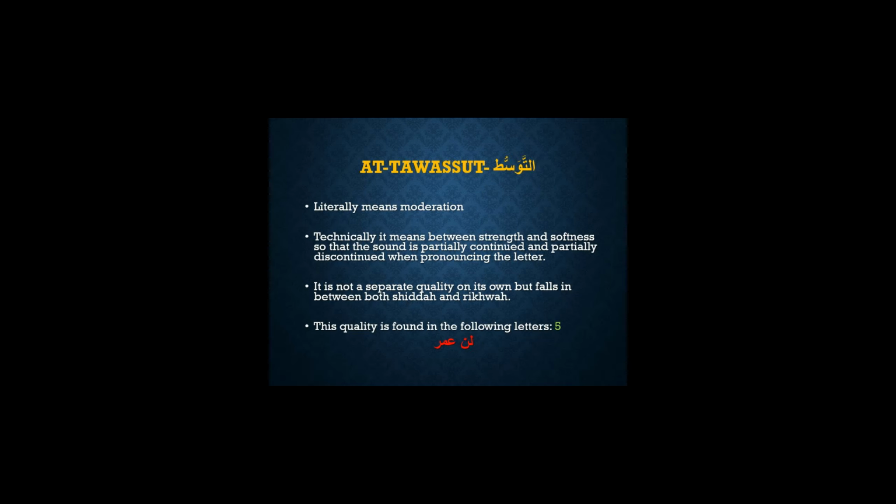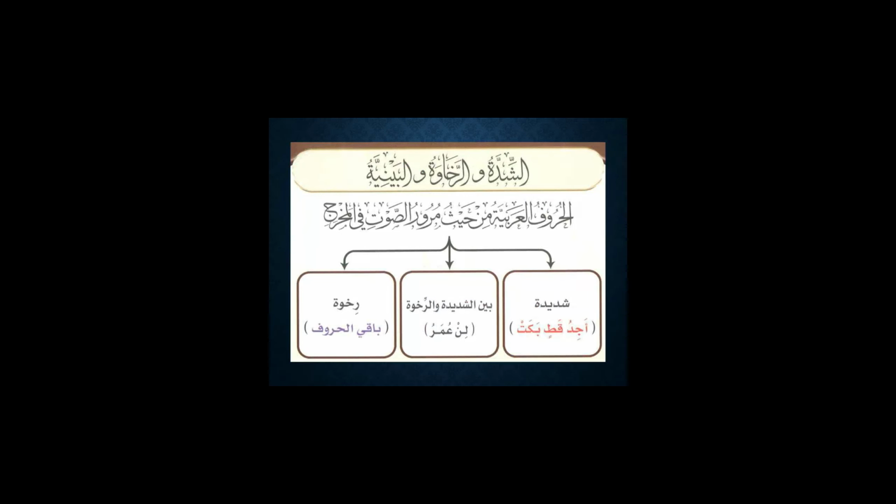So lin umar: lam, noon, ayn, mim, ra, these are the letters of tawassut, where you continue with the sound, but not from the main area, but rather from a different opening. So remember that again. Ajid qatin bakat are shadid letters. Lin umar are in between the two. And rikhwa are the rest of the letters which are pronounced with softness, means they continue with their sound for a bit longer.